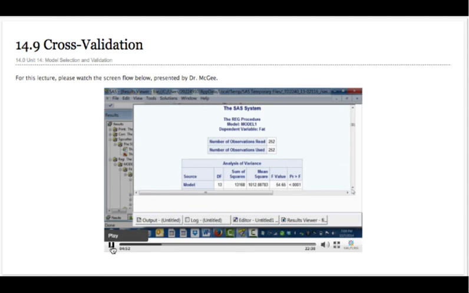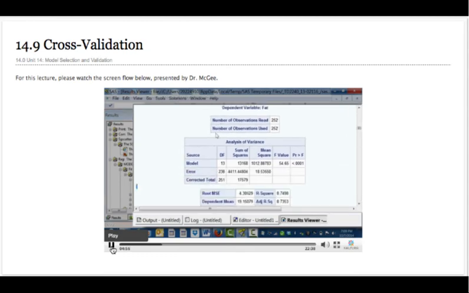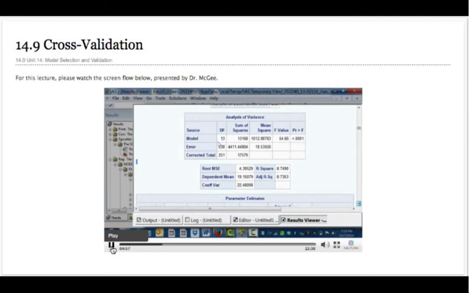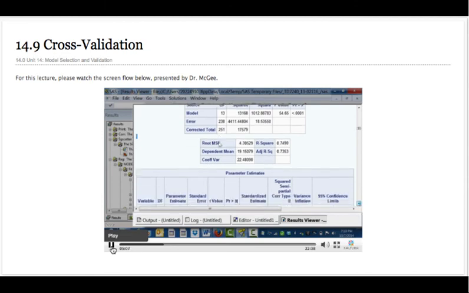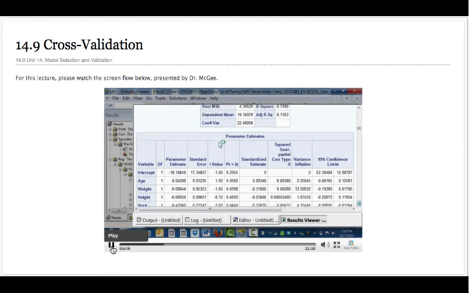Obviously, we have a statistically significant result. The R-square is 0.74, almost 0.75. If you look at the adjusted R-square, which we really do need to look at for this model because we have so many predictors, it's actually just closer to 0.74.